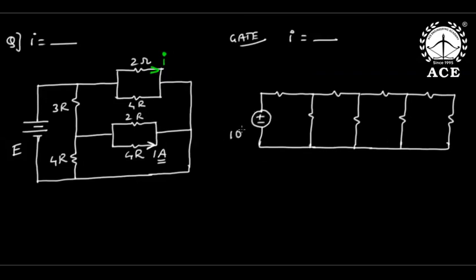This is 100 volt, with 5 ohm, 4 ohm, 3 ohm, 2 ohm, 1 ohm, 1 ohm, 1 ohm, and 1 ohm. Now he's asking to find this current I. Everybody find current I in both the cases.